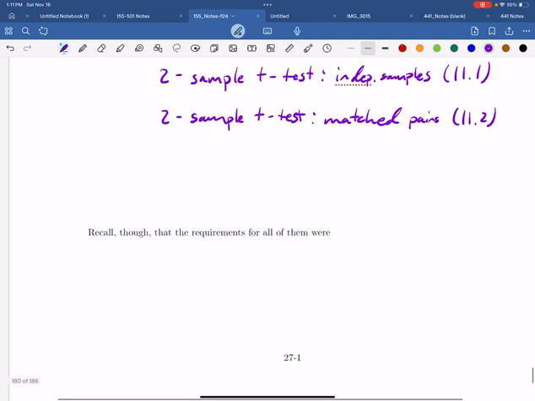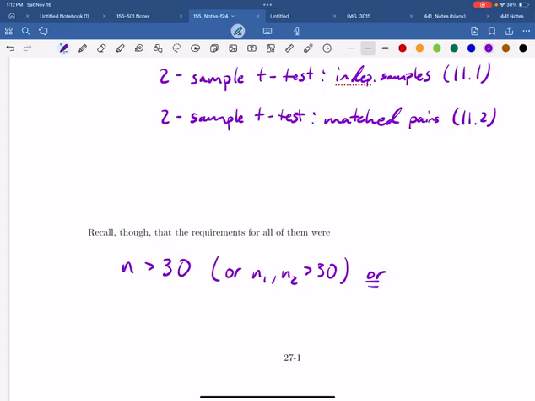And recall that for all of them, we required large sample sizes, or in the case of independent samples, we needed that both n1 and n2 are greater than 30. Or we needed that the populations are approximately normal.